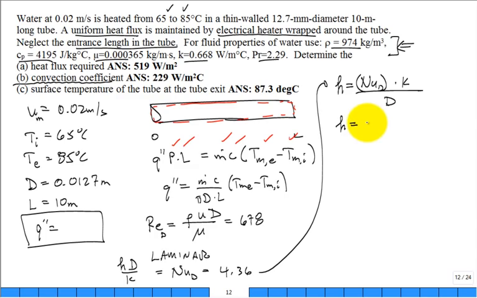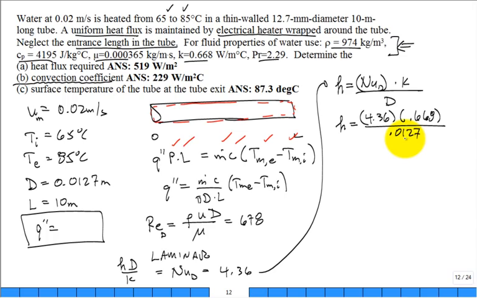And doesn't that come in at 229? 4.36. Thermal conductivity 0.668. Diameter 0.0127. Anybody able to reproduce? 1, 2, thank you very much.